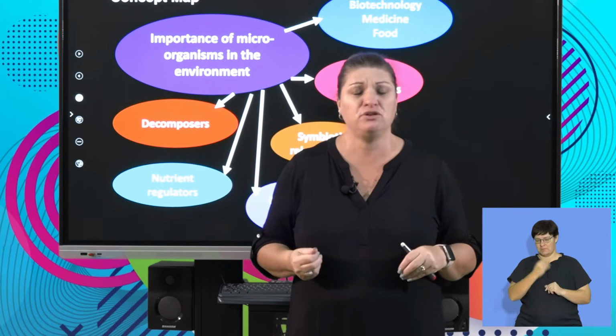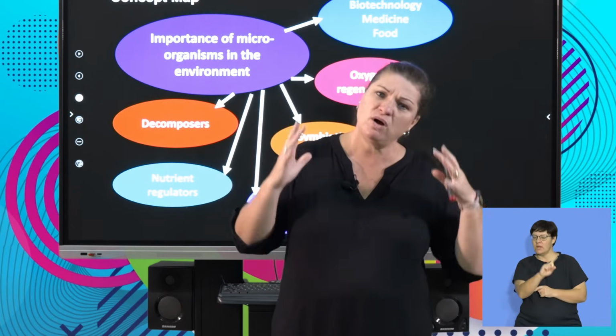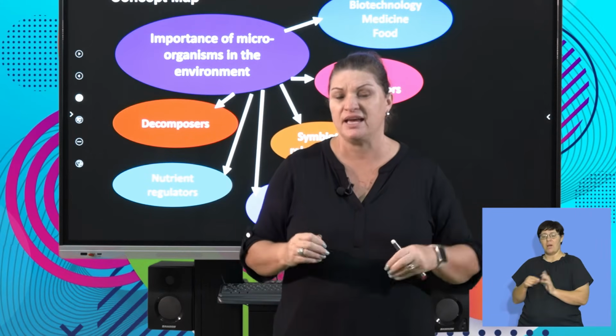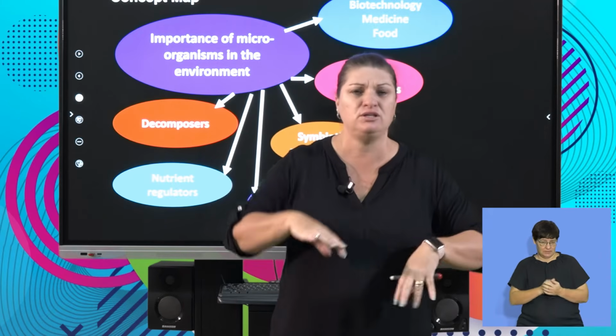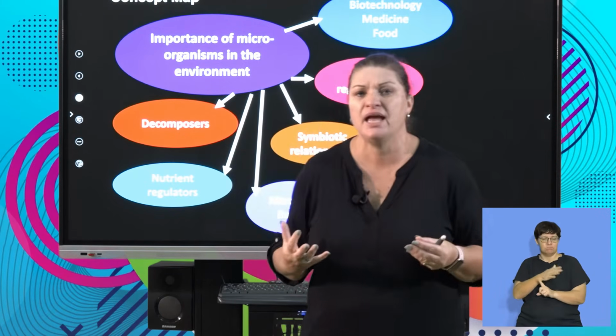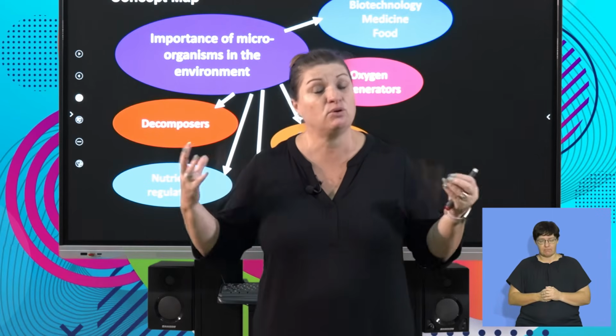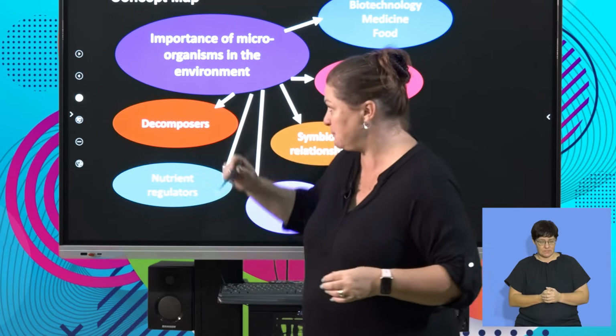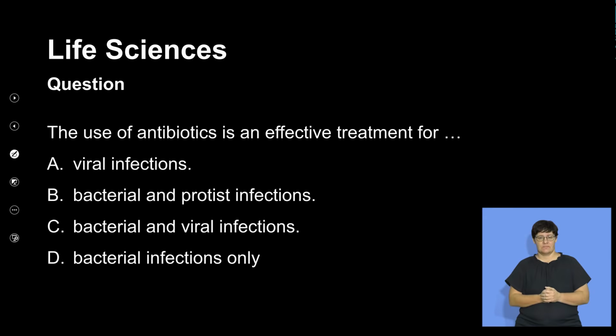Remember what we focused on today? We're looking at why microorganisms are so important in the environment. And we had a whole look at how we use them, the foods that we eat, how they're important in the environment. Now we're going to have a look at some of the questions that we can ask using these different concepts. You always like to start off with the multiple choice.